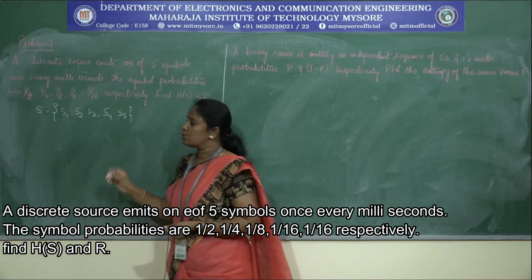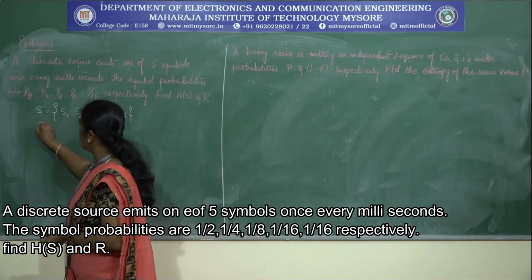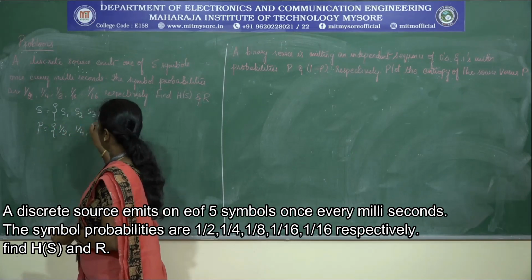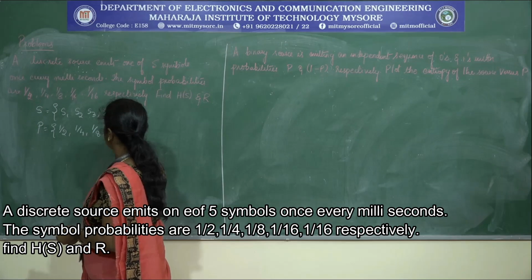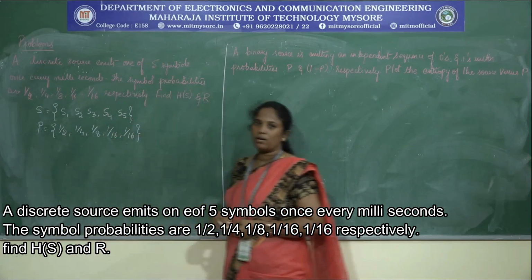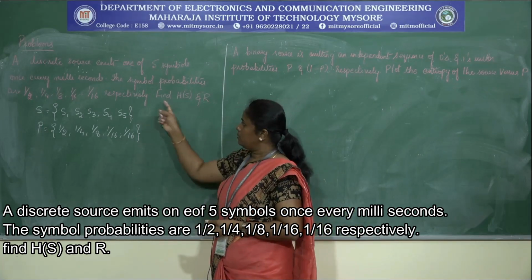These source symbols are emitted with the corresponding probabilities P is equal to 1 by 2, 1 by 4, 1 by 8, 1 by 16 as well as 1 by 16. So this is the data given in the problem statement.